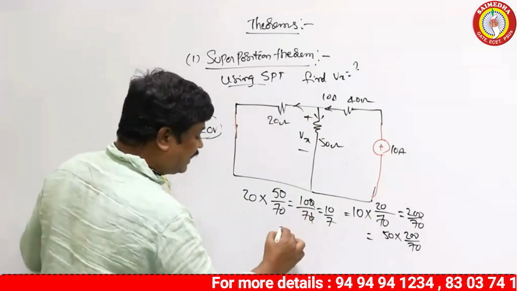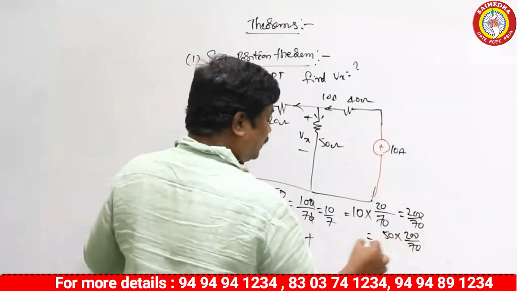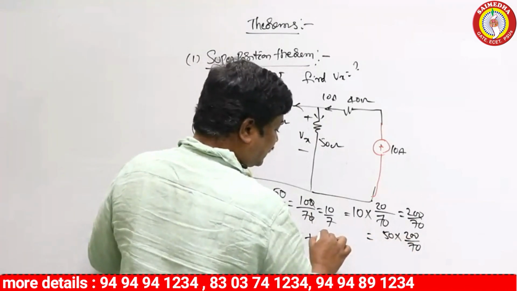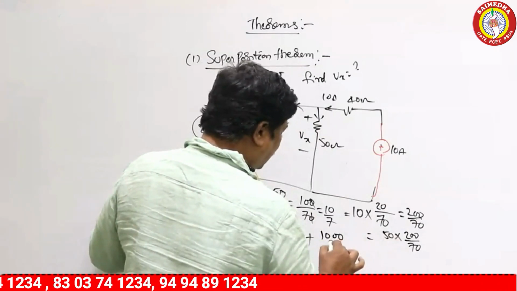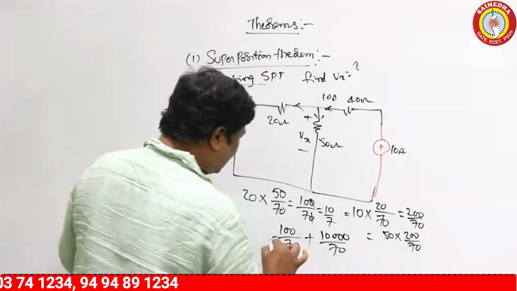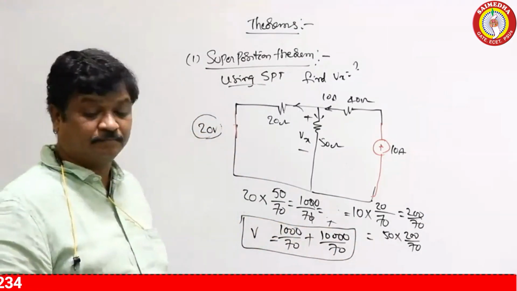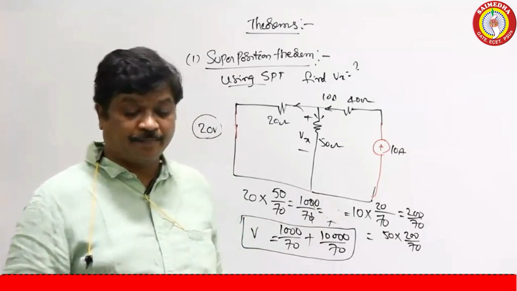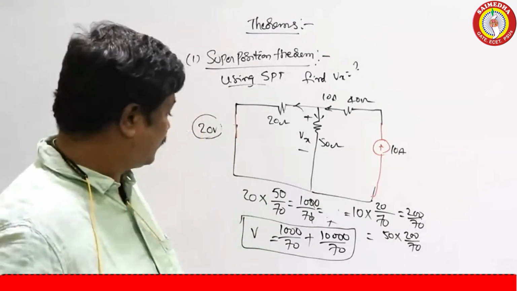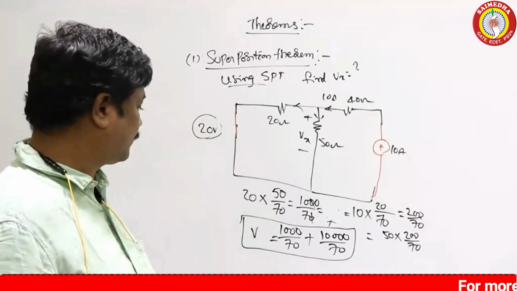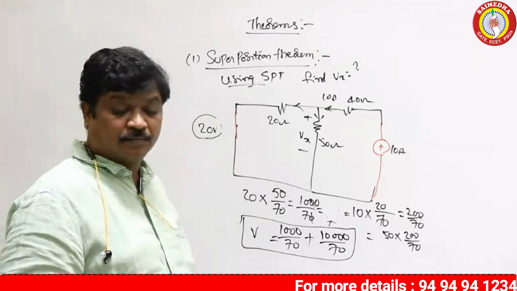Adding 100 divided by 70 gives the total V. Okay? Is it clear, all of you?